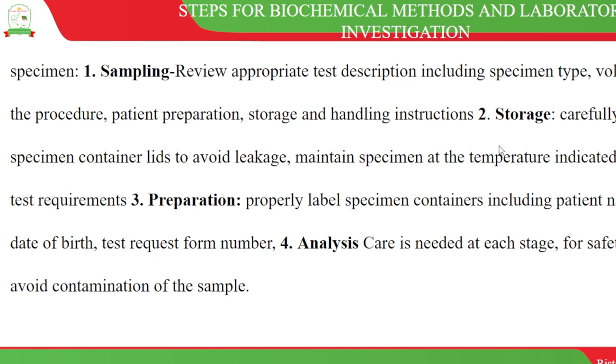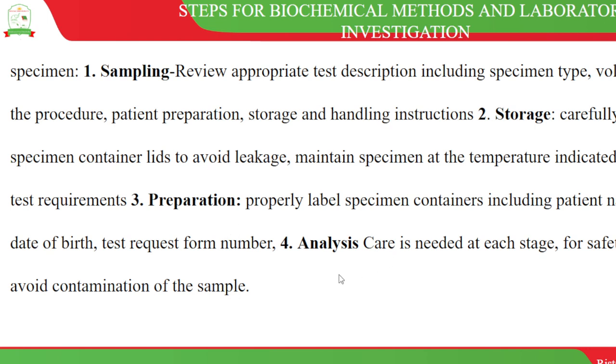The second stage is the storage. You have to carefully tighten the specimen container lids to avoid leakages, because once you don't store these samples very well, there is an alteration in their results. And then there's preparation. How are you going to prepare these samples for analysis?